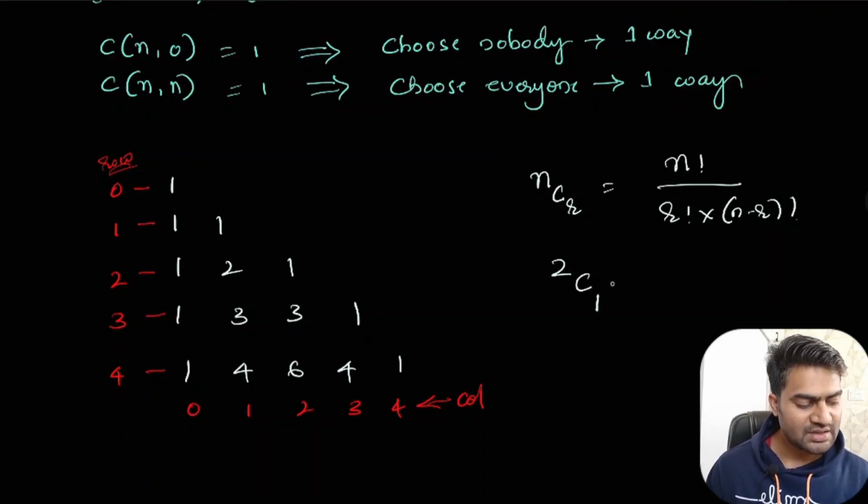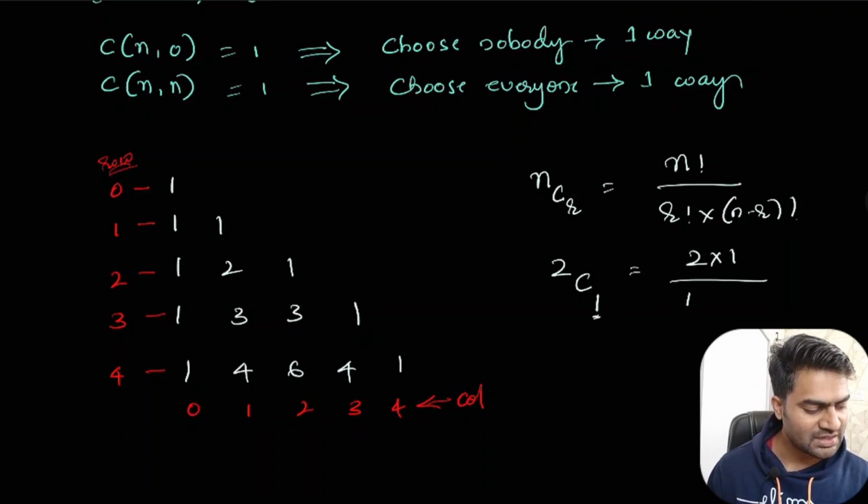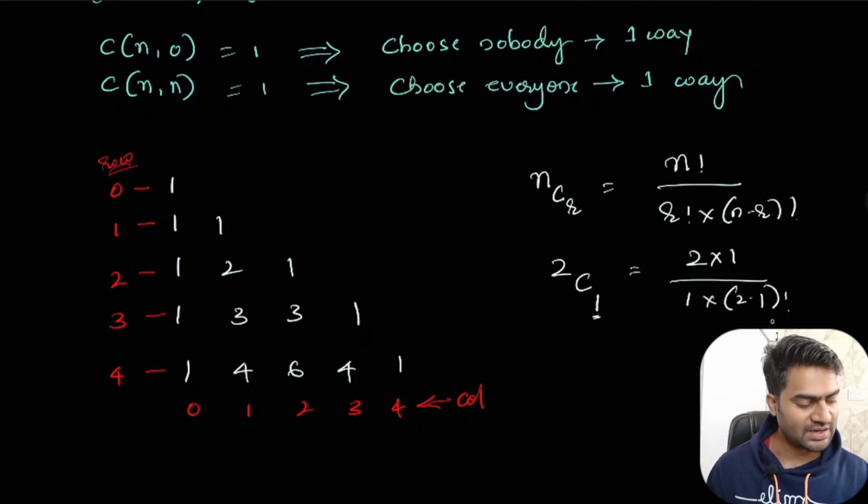So this is row number C column number, 2C1. What is the value of 2C1? It is 2 into 1 divided by r, which is 1, so 1 factorial is 1. Then n minus r is 2 minus 1 factorial, again 1 factorial. So we will get 2.